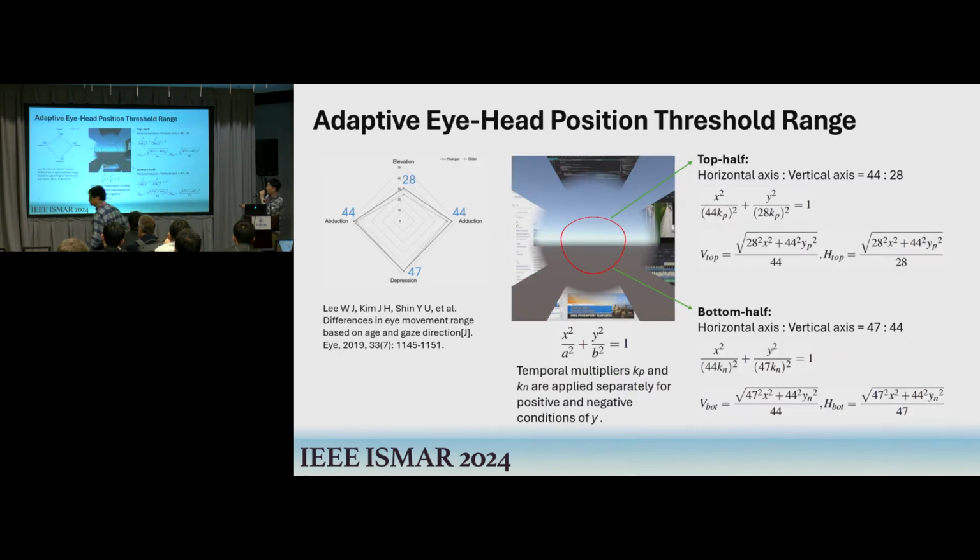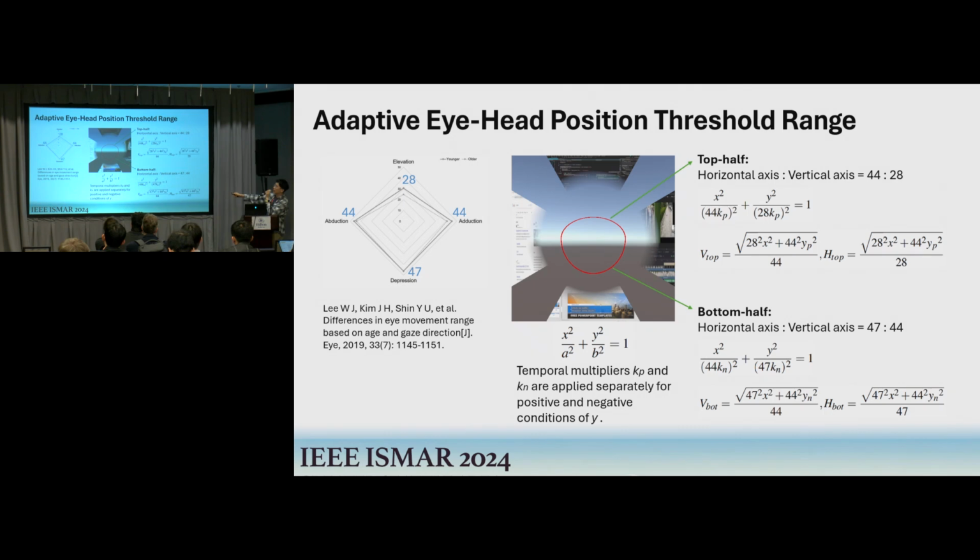So what's the eye-head position threshold range? Here is the thing. We developed this adaptive eye-head position threshold range with two halves of ellipses on top of each other.